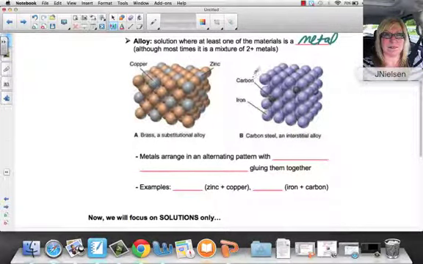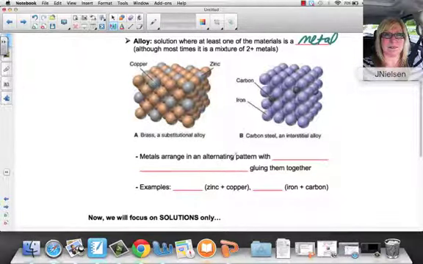And then here we have carbon and iron in an alloy, which makes steel. And this is called an interstitial alloy, and that's because interstitial means it goes in between the spaces. So the carbon atoms are put, because they're smaller than the iron, they fit in between the spaces of the iron atoms.